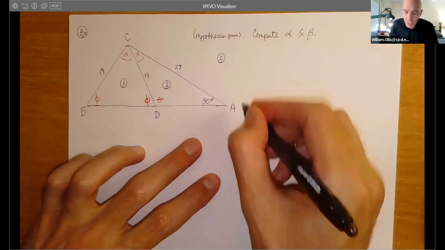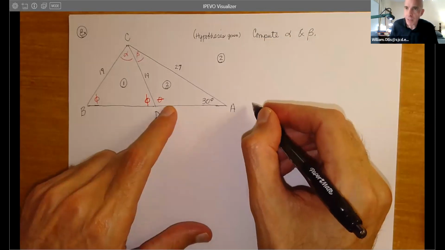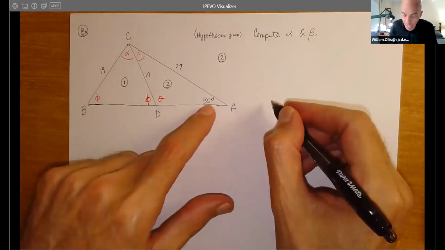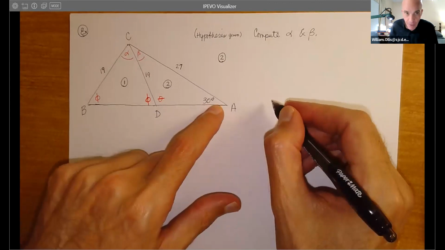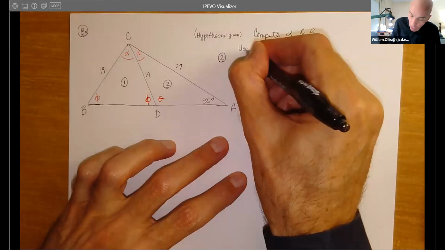What I'm going to notice here is that when I actually solve this, I'm going to think about exactly what I'm doing and what it means in terms of the law of sines. So now we have sine of 30 degrees divided by 19. Let me write up here, use law of sines.